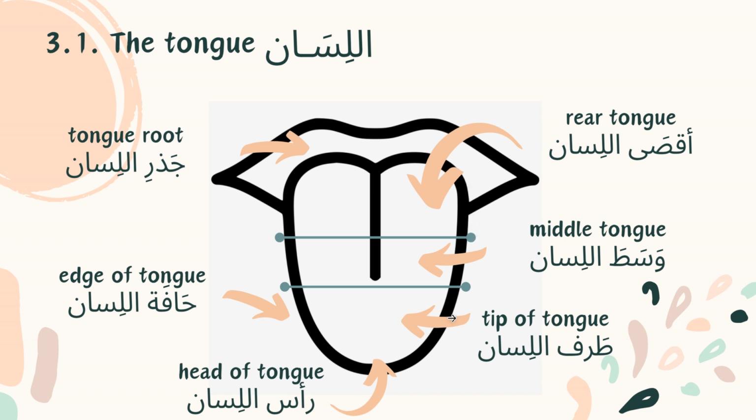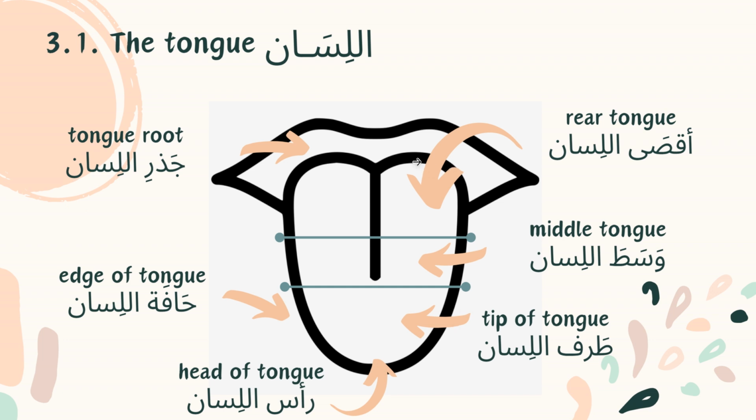Here we have the tongue. You know the tongue, this part is loose and this part is tied up. The inside part is tied up and this part is loose. These are not the lips. These are the inside part of the mouth. It looks like the lips, but it's not the lips. This is the outer part of the tongue.